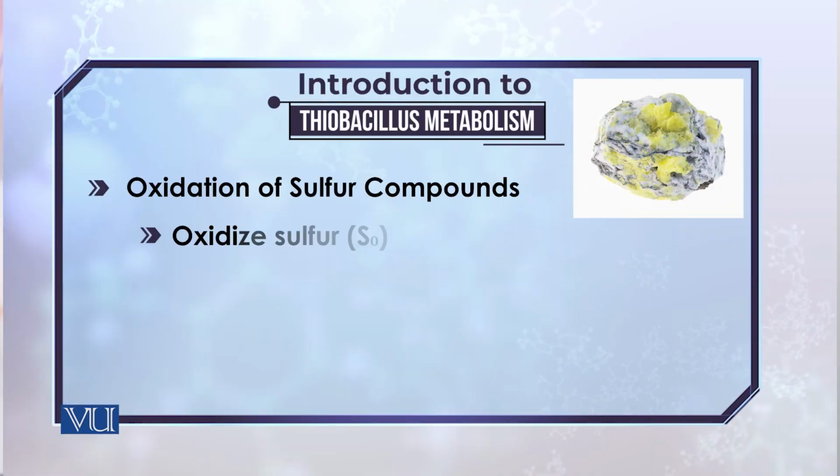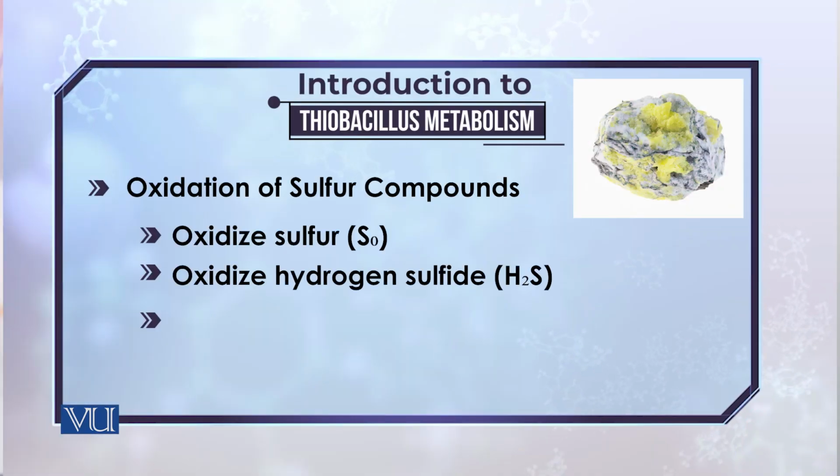So, talking about different chemolithotrophs, let's start with the sulfur oxidizing bacteria. These sulfur oxidizing bacteria use sulfur containing compounds as the main oxidizing compounds, which act as the electron donors.